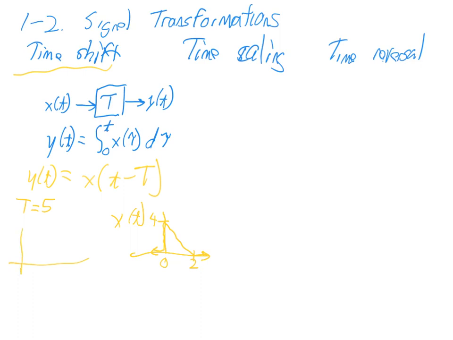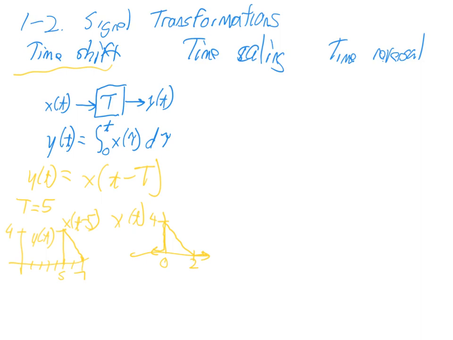So I start at 5 seconds, and I end at 7 seconds. And I have x delayed by 5 seconds there. So what this is doing is, if I take the function and replace the t variable with t minus capital T, the delay, that causes a delay operation by 5 seconds.